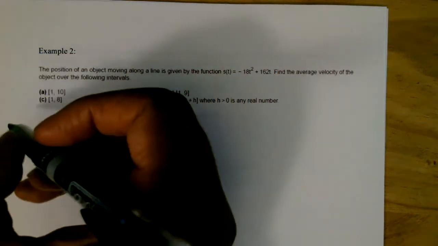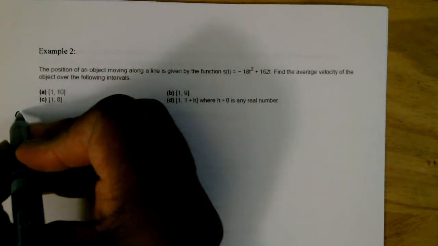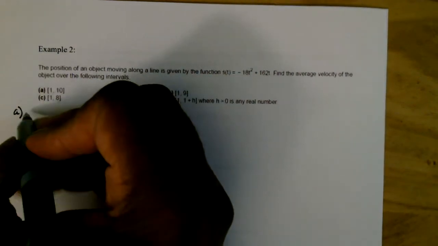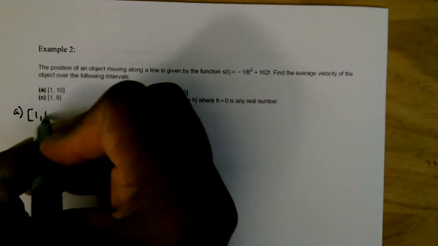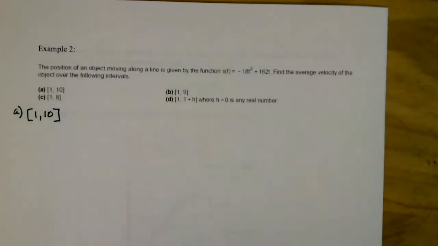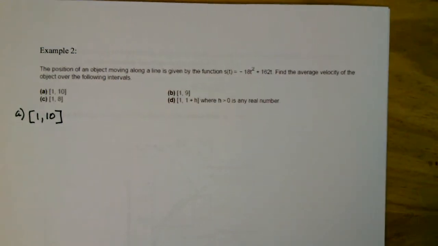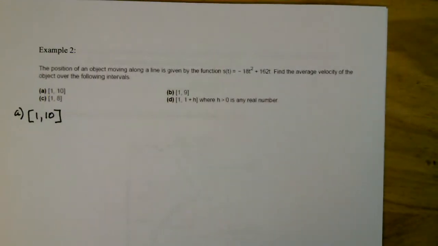Okay, so starting with part A. Here I want to find the average velocity over the interval 1, 10.